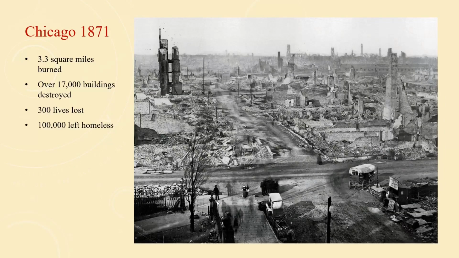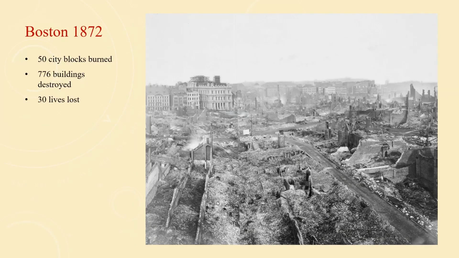The famous Chicago fire of 1871, allegedly started by Mrs. O'Leary's cow kicking over a lantern. 3.3 square miles burned, 17,000 buildings, 300 lives lost, 100,000 people left homeless. Next year in Boston in 1872, 50 city blocks burned, 176 buildings destroyed, 30 lives lost.